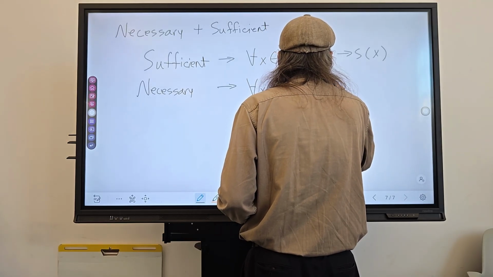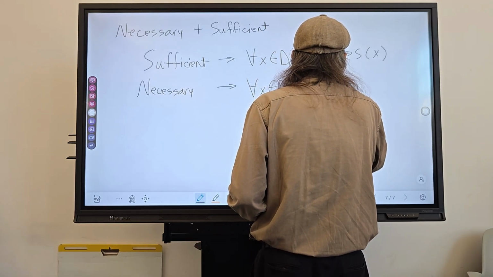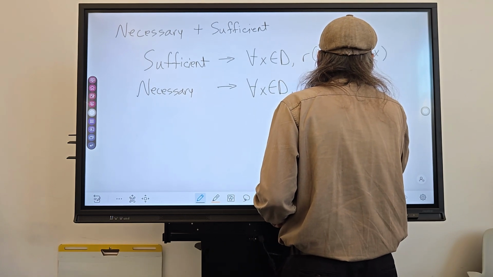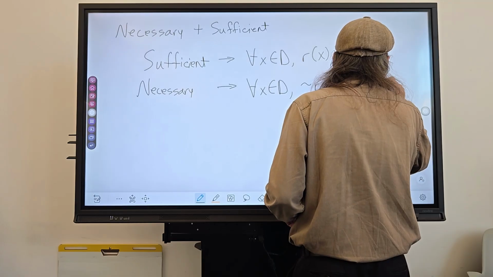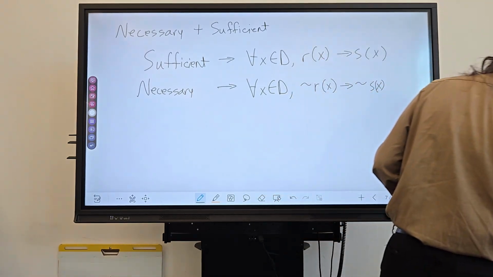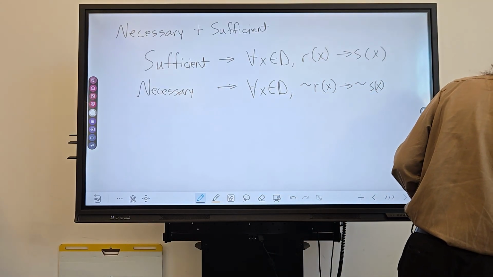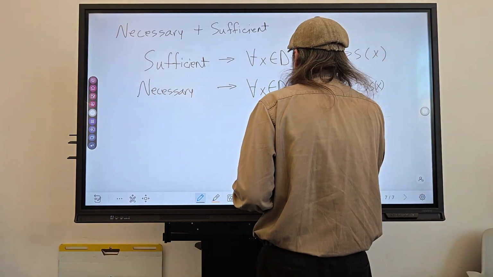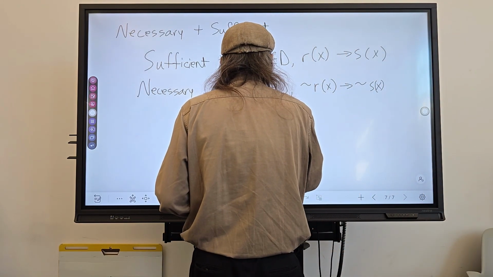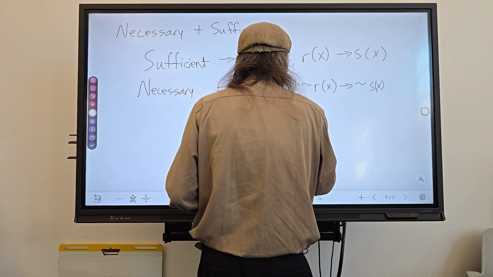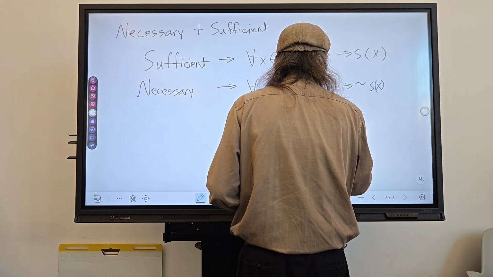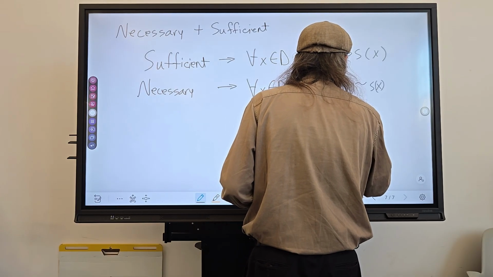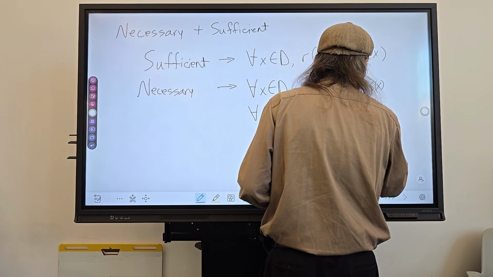Not r of x, not s of x. Right? Or equivalently, s of x implies r of x by the contrapositive.